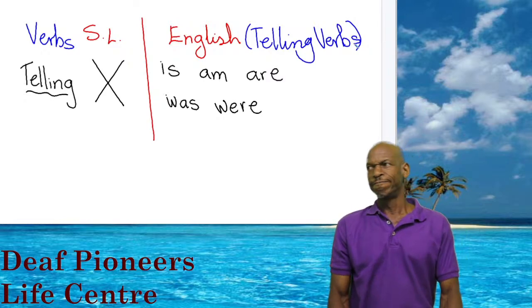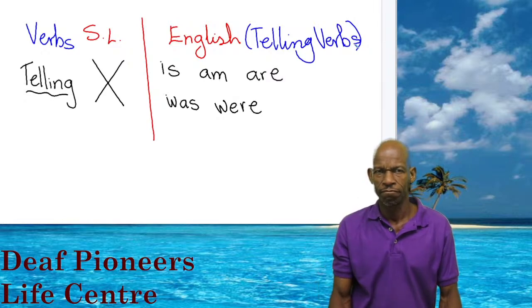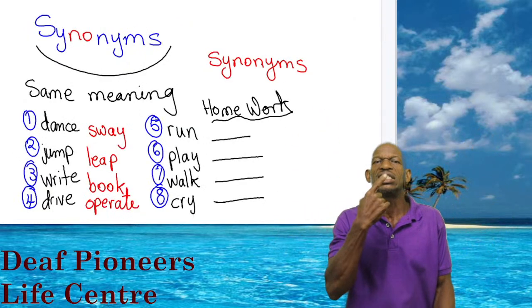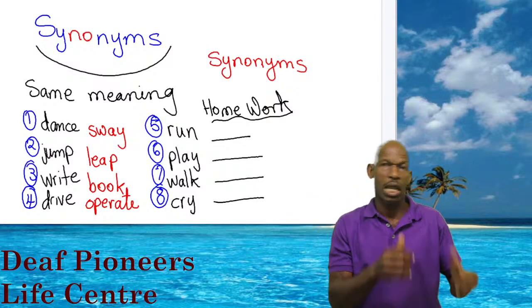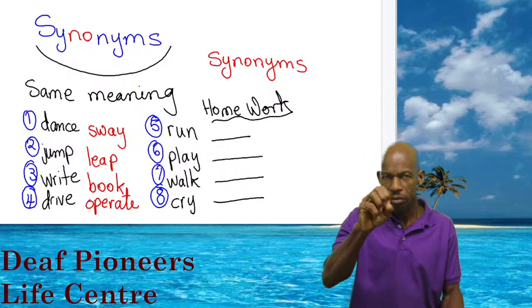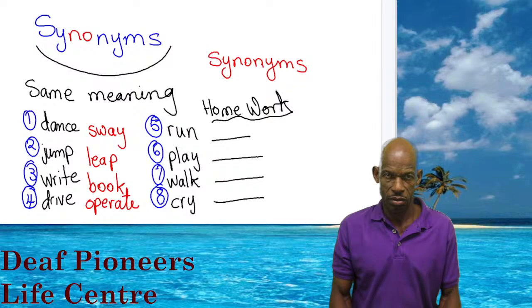But you must recognize that they are verbs. Okay? They are verbs, but they are telling verbs. Right? And then we look at, in terms of the action words, as we did before, we have other words that have the same meaning. Okay? There are other words that have the same meanings as action words.